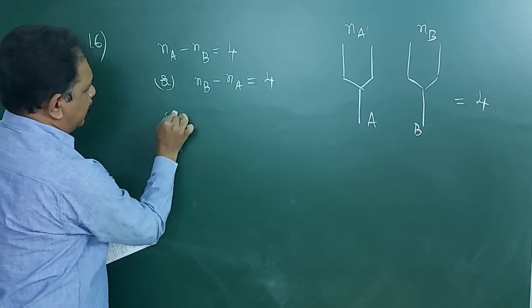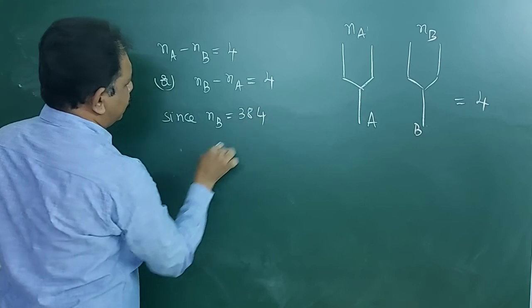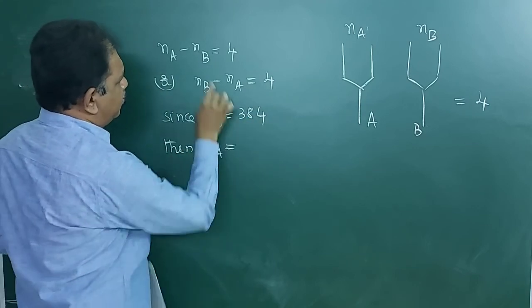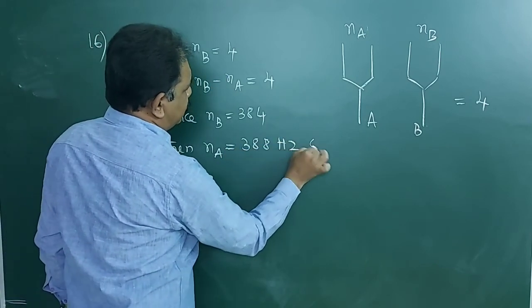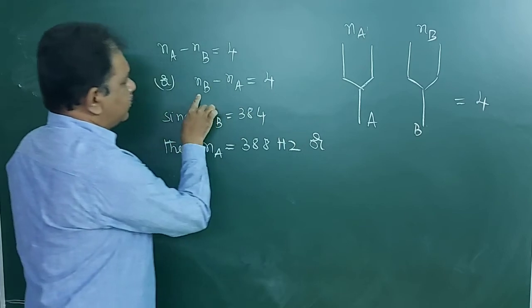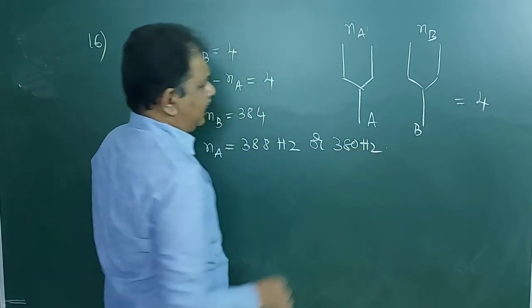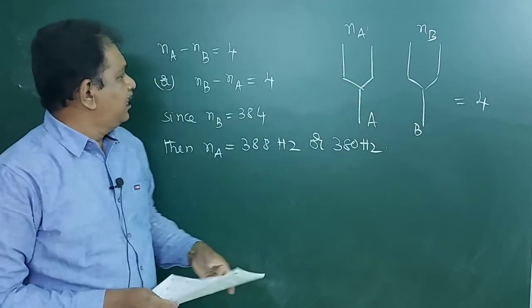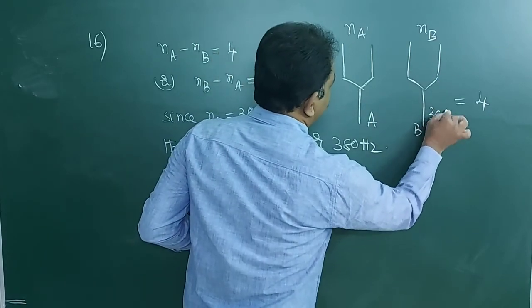So since nB is equal to 384, then nA is equal to 388 Hz if you substitute here, or 380 Hz if you substitute there.